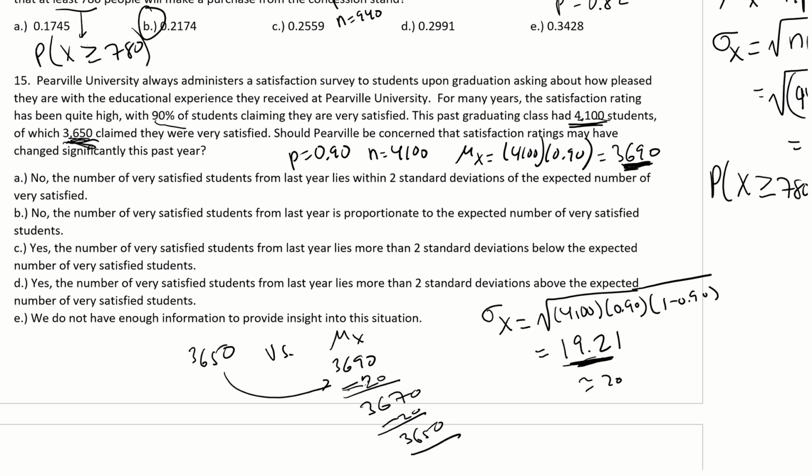So yes, there should be concern, because they're at least 2 standard deviations away, which means it's an outlier, an unusual result. So the number of very satisfied students lies more than 2 standard deviations below the expected number. The answer is C.